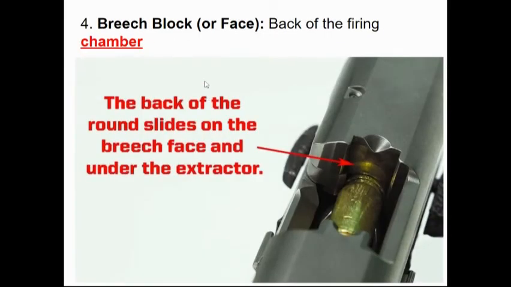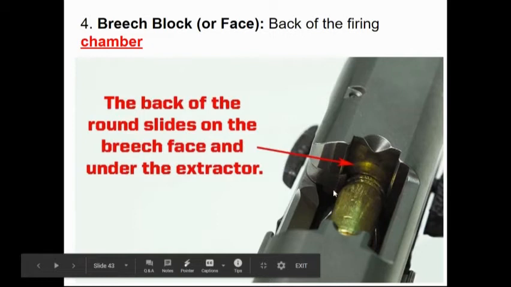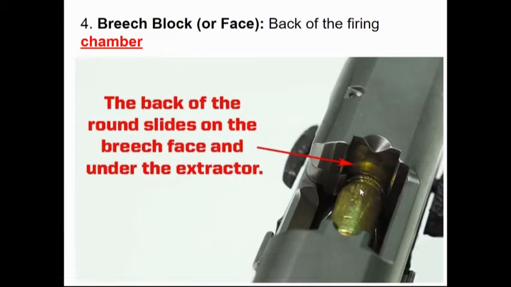Next, the breech block, sometimes called the breech face, is the back of the firing chamber. This is going to be significant because for every action, there's an opposite and equal reaction. Remember, again, our definition for a firearm. It's going to propel this projectile by means of combustion, a chemical reaction. In other words, an explosion.